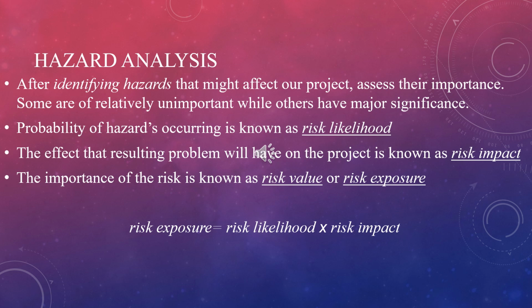A much better approach is to score the likelihood and impact on a scale of, say, 1 to 10, where the hazard that is most likely to occur receives a score of 10 and the least likely to occur a score of 1.